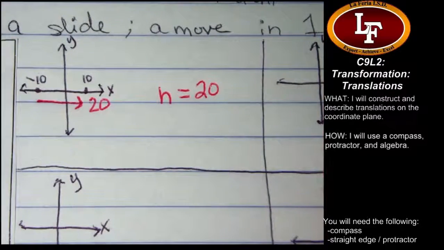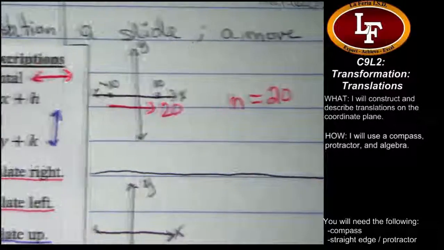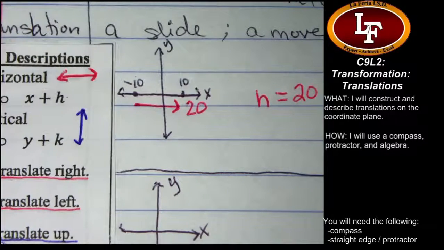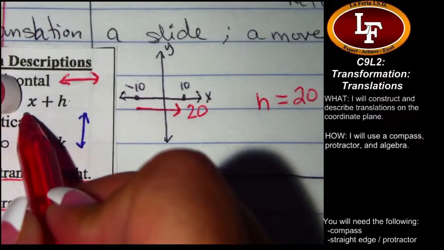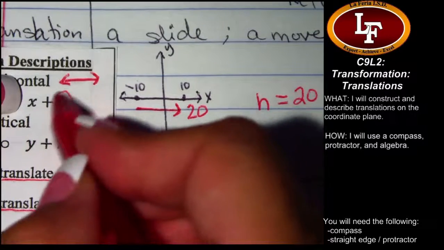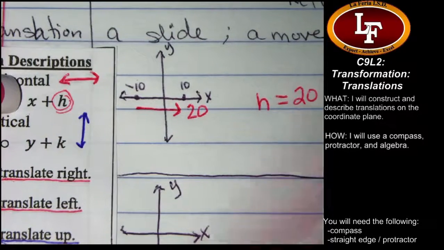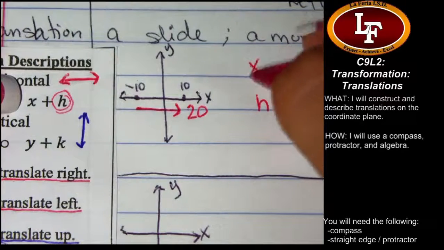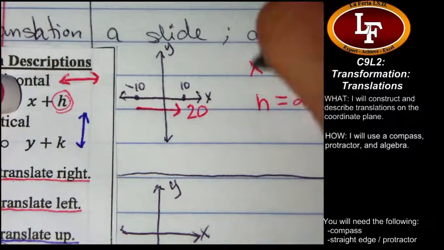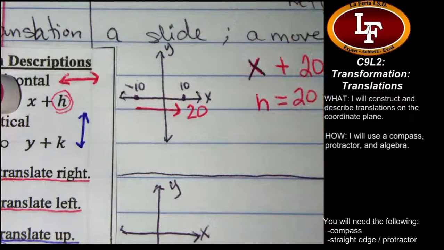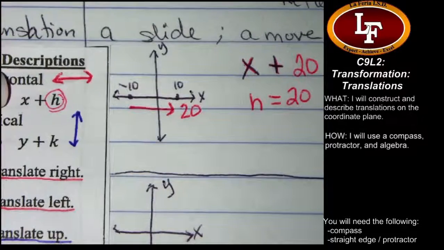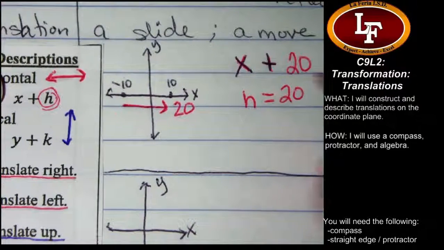Now, notice in your translation descriptions, on the horizontal, when you're dealing with this left or right movement, we have this x plus h. h is 20, so if I were to substitute, I would get x plus 20. Now look at the value of h.